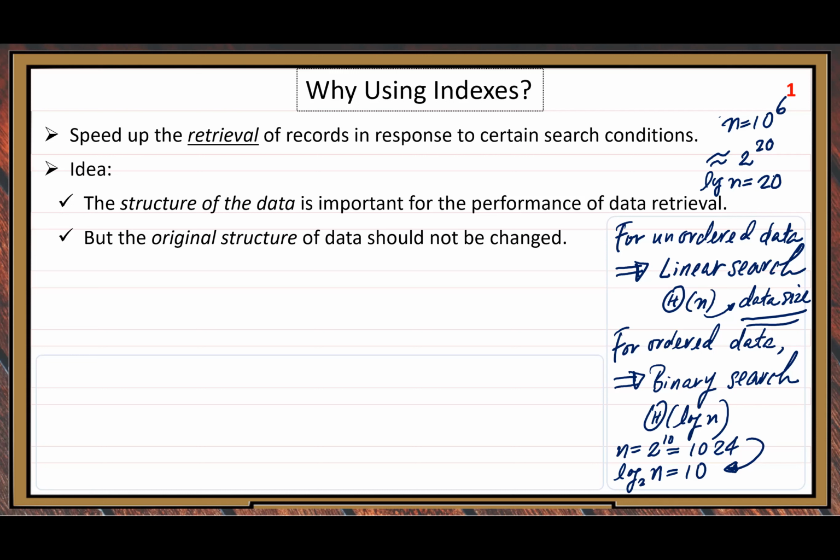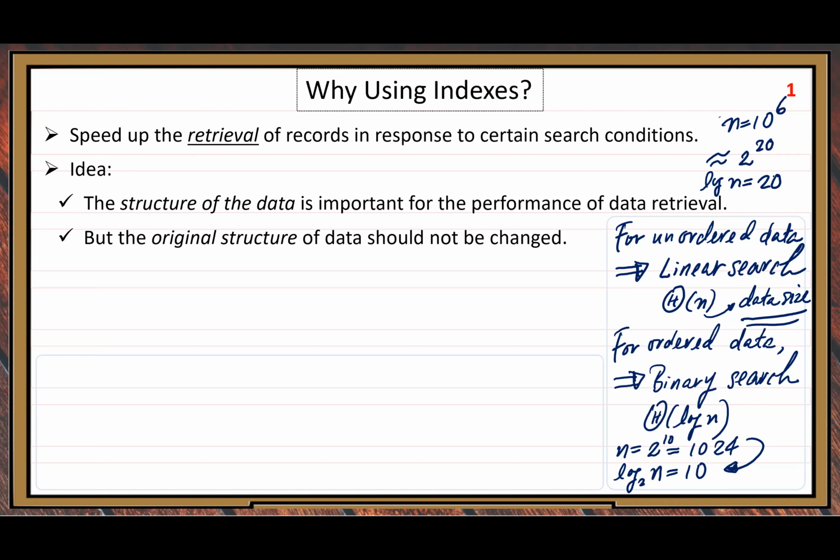We want to make our data ordered based on a specific field, but we do not want to change the data in our original table. This requirement is also important. We want to maintain the original table structure.